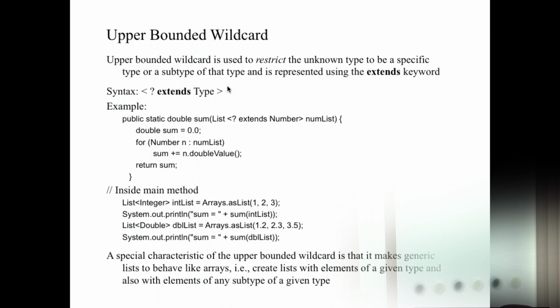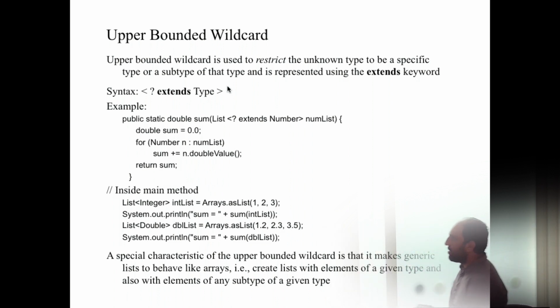We have a generic method sum, and we are passing it a list, and the first parameter is question mark wildcard extends Number. It means that the values we can pass here are either of type Number or its subtypes, Integer and maybe Double.